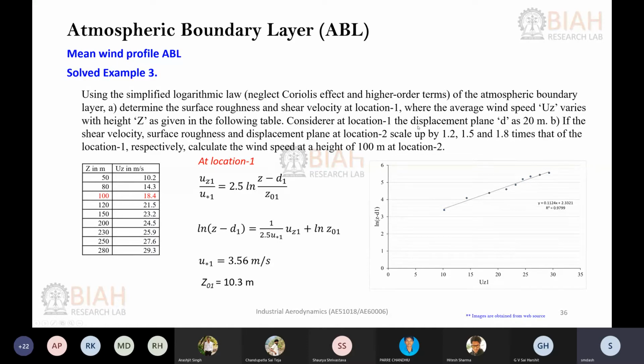It says that the displacement plane for location 1 is 20 meter, so you need to subtract 20 meter from z. So d1 is your constant 20 meter for all these data points, and your effective height will be z minus d1.